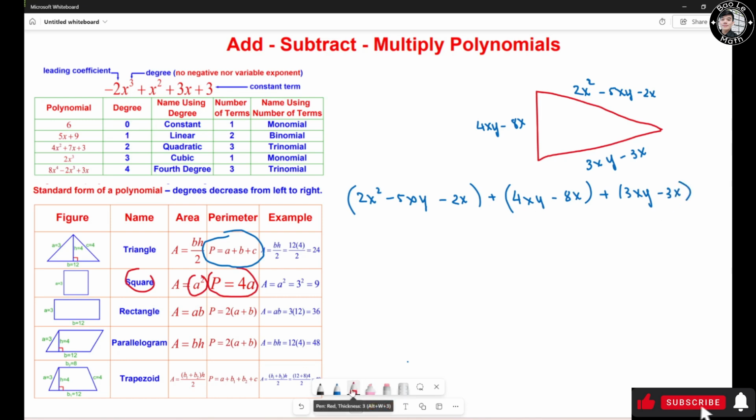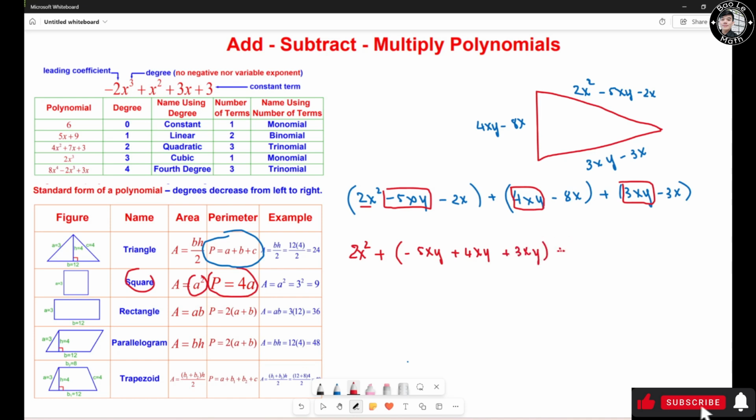Now, I need to combine like terms. So I look at the first one right here, 2s squared. There are no like terms, so I just rewrite 2s squared, right? The second one, plus parentheses, negative 5sy right here, and 4sy right here, and 3sy right here. So we have three like terms, right? So I put negative 5sy plus 4sy plus 3sy.